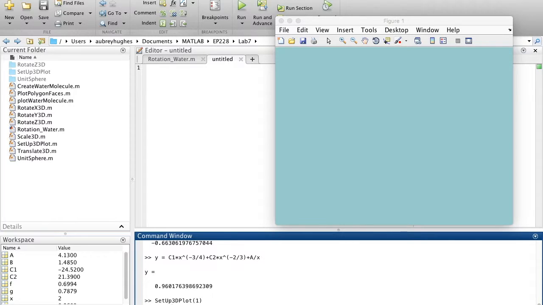So you have one point at 0, 0, 0, that's your origin. And then you have another point at 1, 0, 0, so one unit in the x direction.